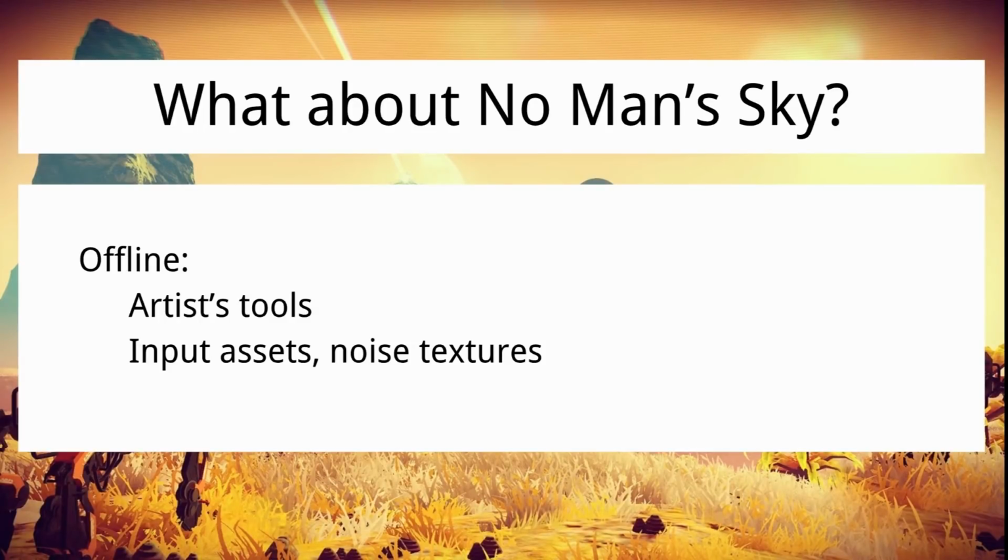They can still use procedural tools, not always ones that we've written, outside of the game, creating those the way traditional content would be created. We also use a bunch of input assets, so we generate noise textures for handling our noise in game, and textures for the water and things are all baked from maps and other tools.